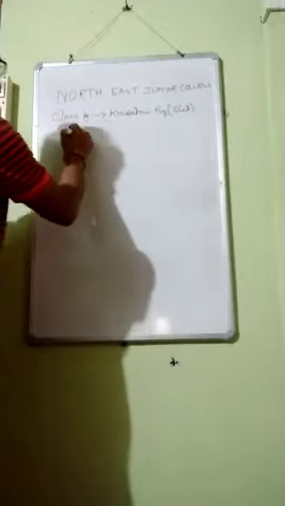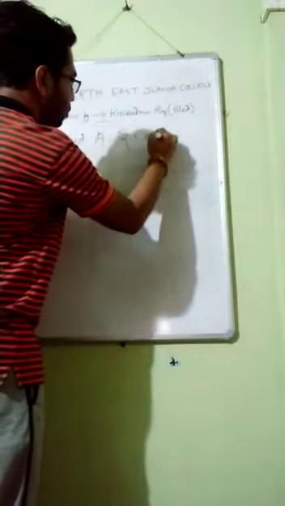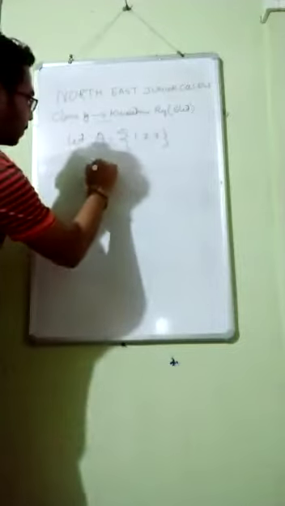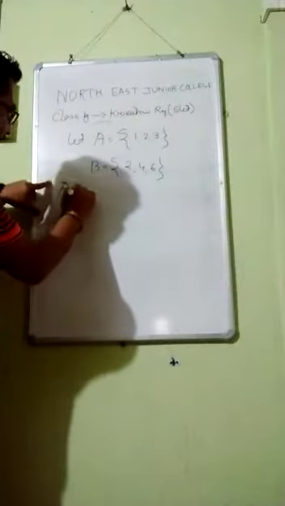Let us take one example. Let A equal to {1, 2, 3}, B equal to {2, 4, 6}. How can I find A cross B?